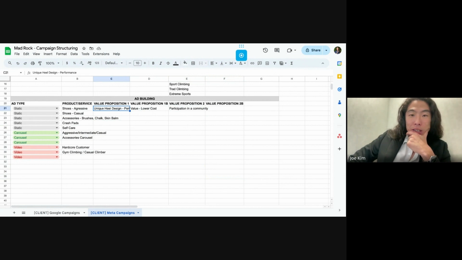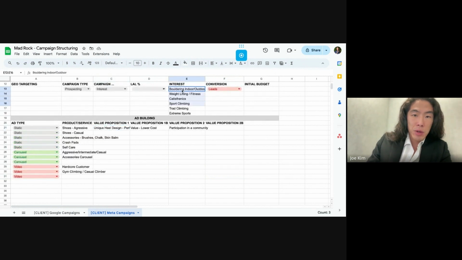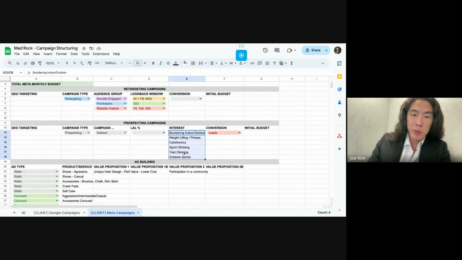Depending on budget, I'd launch 3 to 6 of them at a time and then test against each other with the different copy variations. Then we've got 1, 2, 3, 4, 5, 6 different potential interest audiences. Maybe we collapse sport and trad into their own.